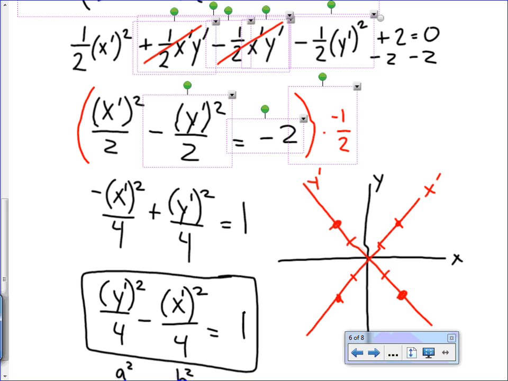And I'd like you to make the box and the asymptotes, but after that you don't have to do anything more. So you don't have to find the foci on this one. Okay, so I would make my box with my a's and my b's. I would make my asymptotes.